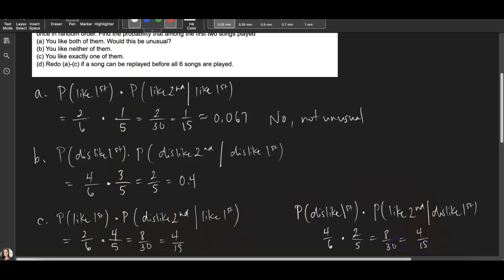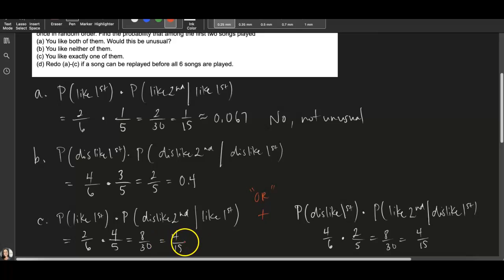And this is one possible way the outcome can occur. This is the other way it could occur, and that's joined by the statement or. So it could be this scenario or this scenario, and in that case, mathematically, we add those values together.